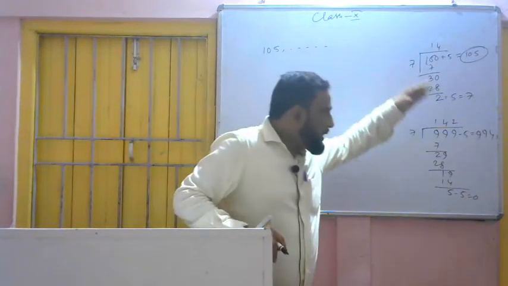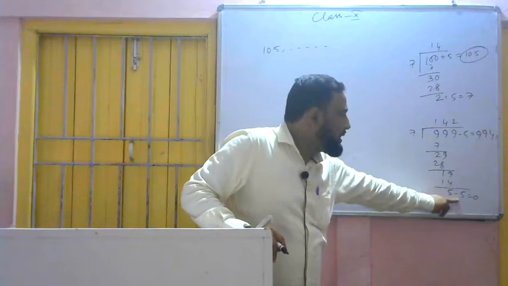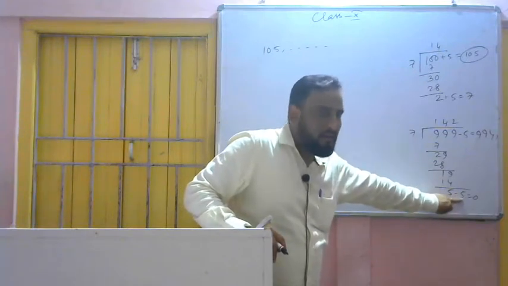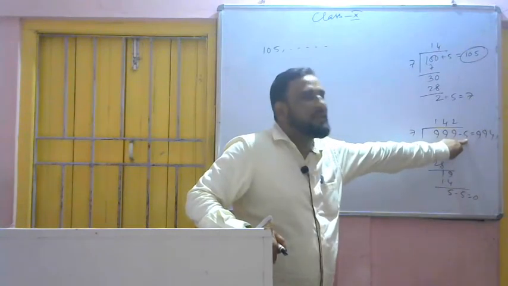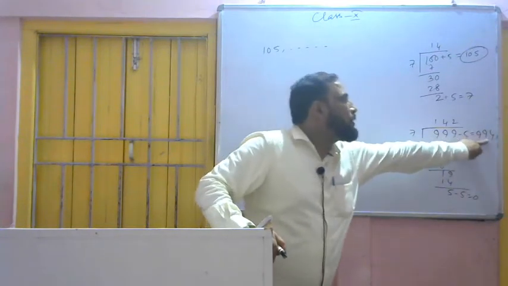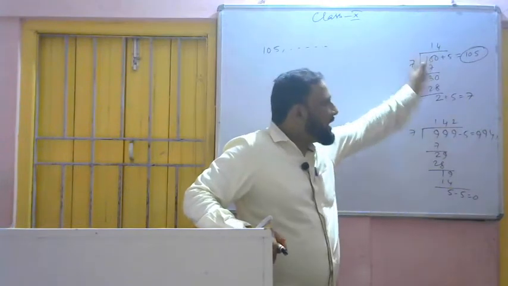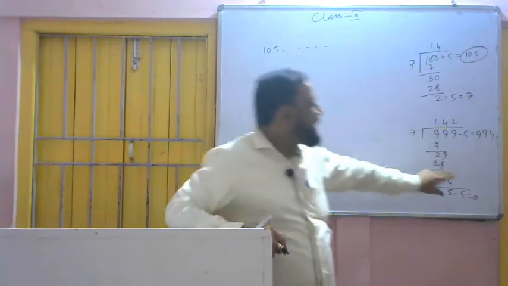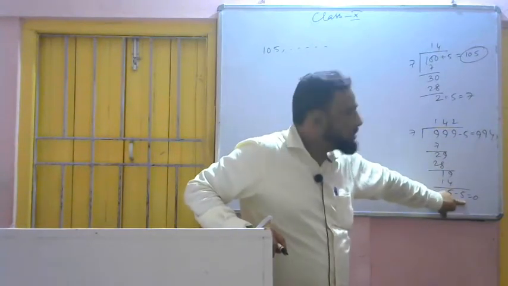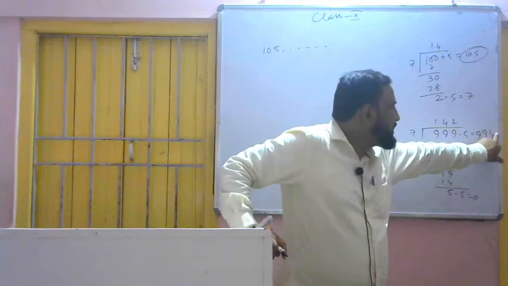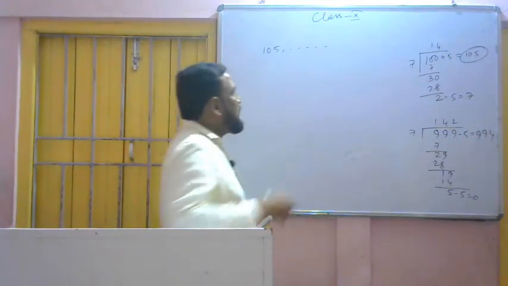To find the greatest 3-digit number divisible by 7, at last we subtract the remainder to make it 0. Earlier we added, because if we add here it becomes a 4-digit number, so better to subtract. So the greatest 3-digit number divisible by 7 is 994.